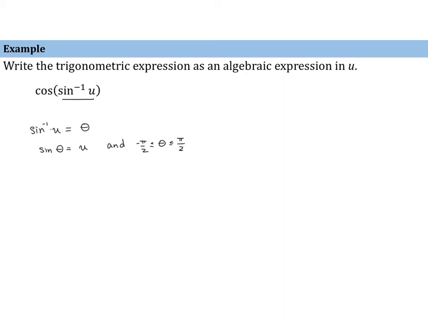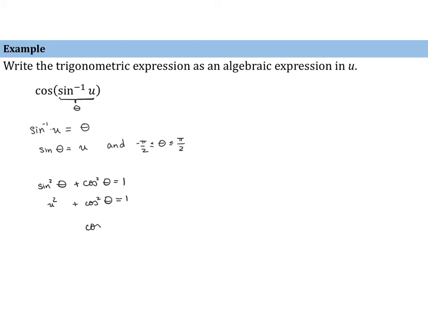We are calling sine inverse of u theta, so I want to find cosine of theta. Well, we have a Pythagorean identity: sine squared of theta plus cosine squared of theta equals 1. So sine of theta is u, so sine squared of theta will be u squared.